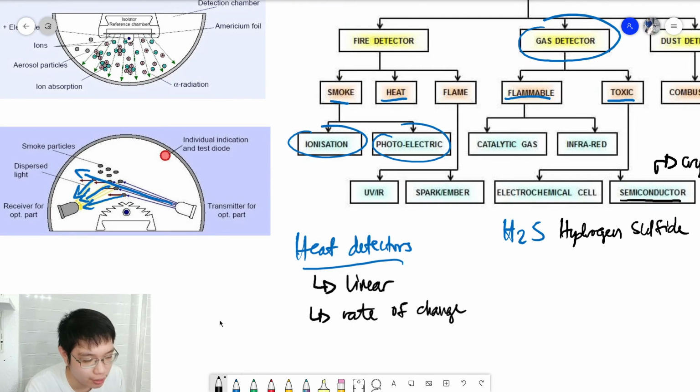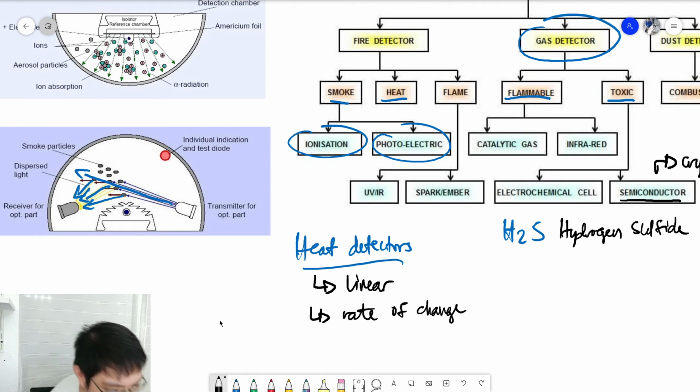Linear heat detectors trip the alarm once a certain temperature limit gets breached. For example, you set it at 200 degrees Celsius. Once the temperature is reached, the alarm gets tripped.